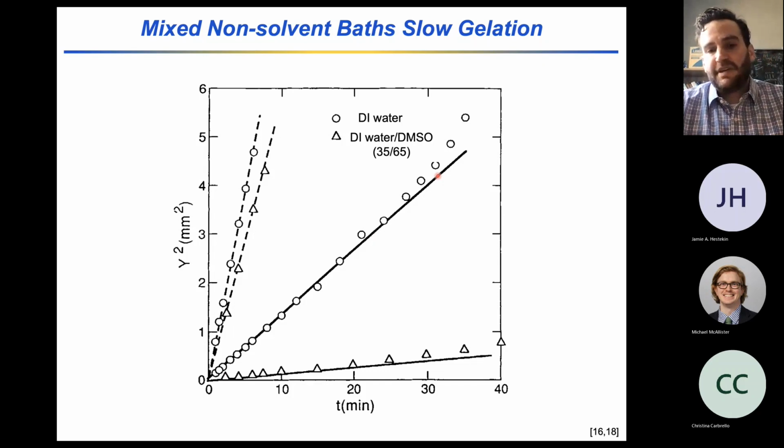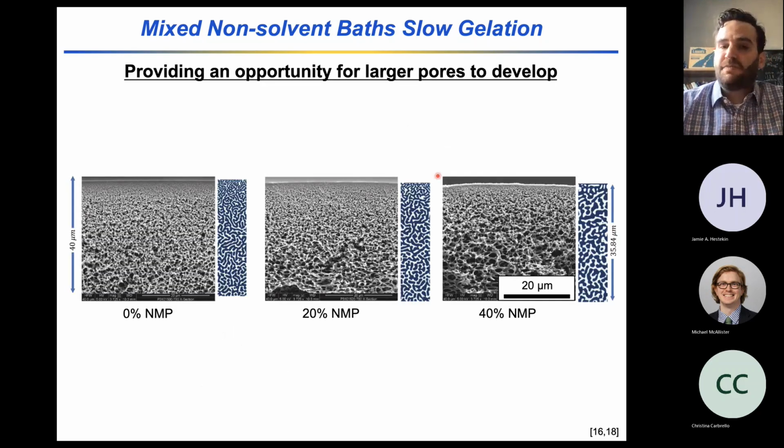This is nice because you can connect it with some experimental measurements. In this case, it's polyether sulfone membranes, and N-methylpyrrolidone, NMP, is used as the solvent, but the non-solvent bath was either 0% NMP, or pure DI water, 20% NMP, or 40% NMP.